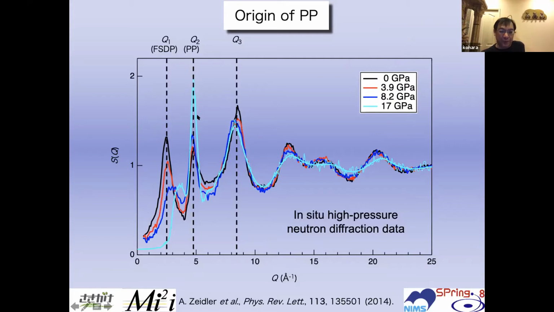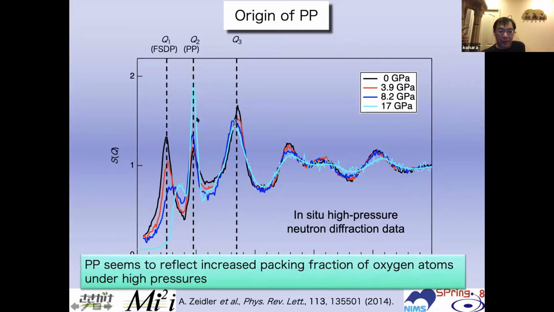The principal peak reflects the oxygen correlation, and this sharp principal peak reflects the increased packing fraction of oxygen atoms under high pressure. So this is a very important signature and behavior of glassy materials under high pressure.